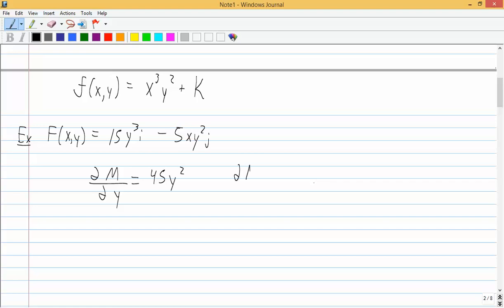You take the partial of N with respect to x, and you get what? Negative 5y squared. They're not equal, so that means that the vector field is not conservative, so we will not have a potential function. Okay? Just write not conservative.